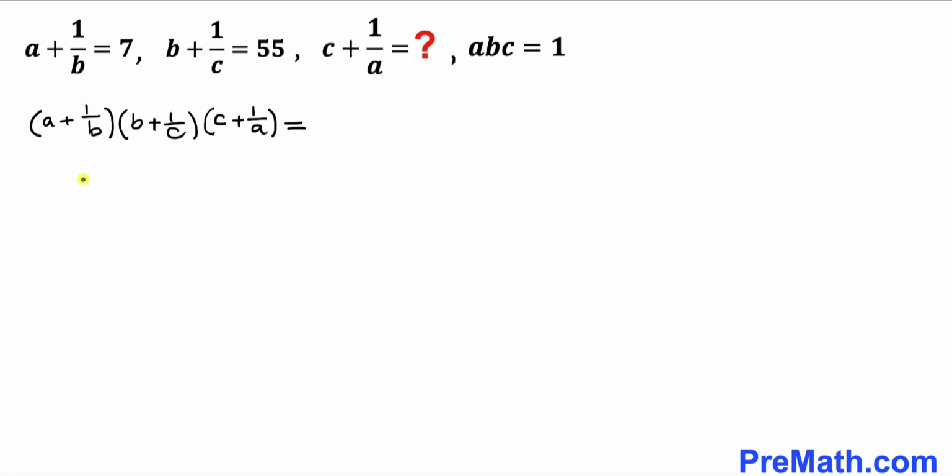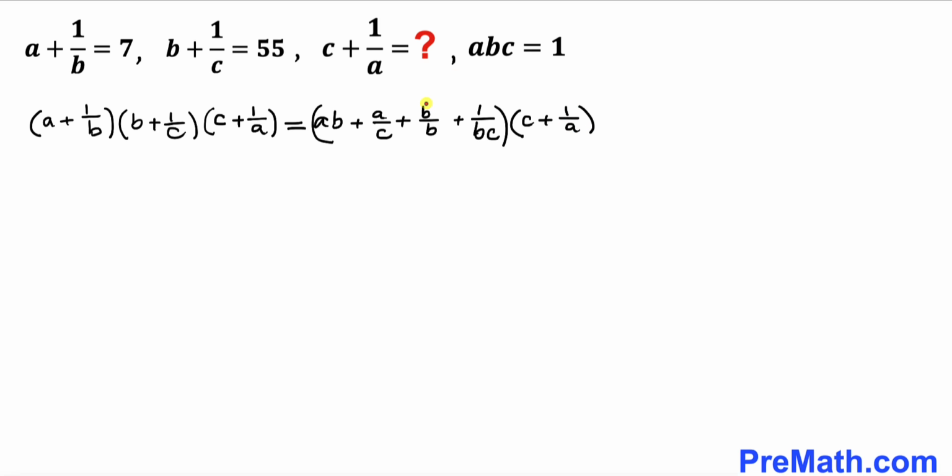equals to, and now let's multiply out first these two binomials by double distribution. So we are going to get a times b plus a divided by c plus b divided by b plus 1 divided by b times c, and then I'm going to write down this part as it is, c plus 1 divided by a.